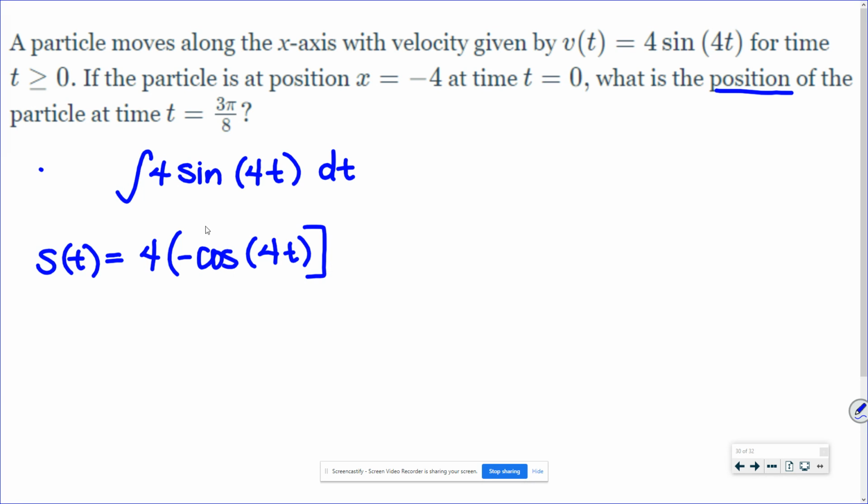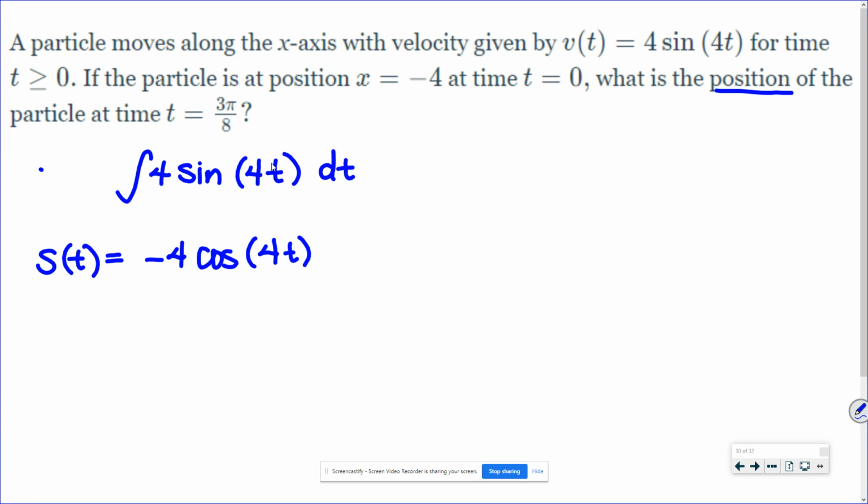And now we have something that we haven't ever had to deal with, because we have a baby. Let me just make this -4. This sine function up here has 4t as the baby. You know how normally we multiply by derivative of baby?